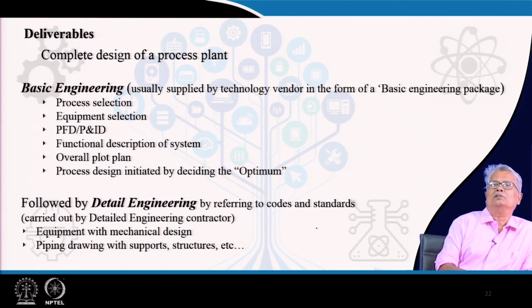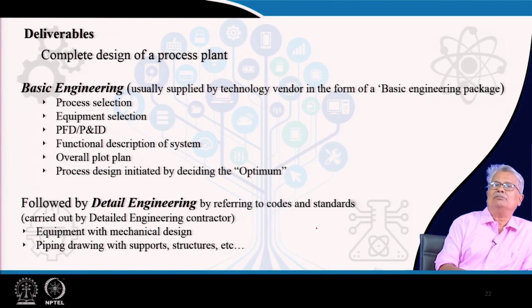What they do is, to the client they provide a basic engineering package. It talks about the process, the equipment selection and the selected vendors from which the equipment can be purchased.